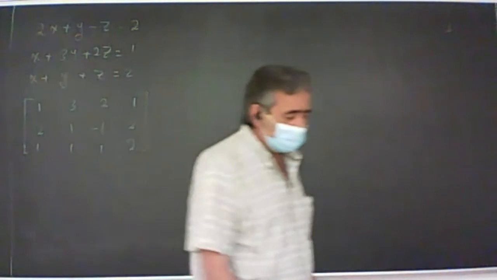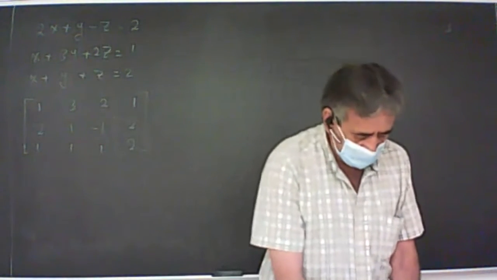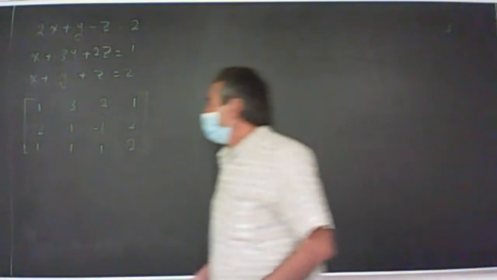How do I solve this system? Step number 1 is, I want to look at this column. This is column number 1, right? I want the column 1, row 1 to be whatever it is, but everything underneath it in that column has to become zeros.